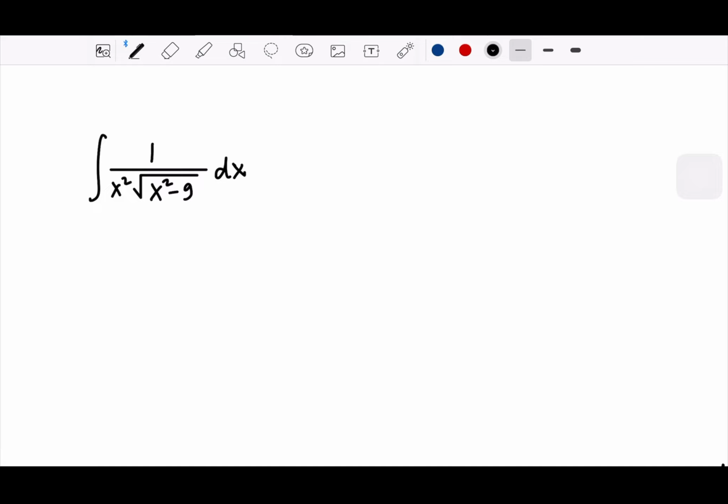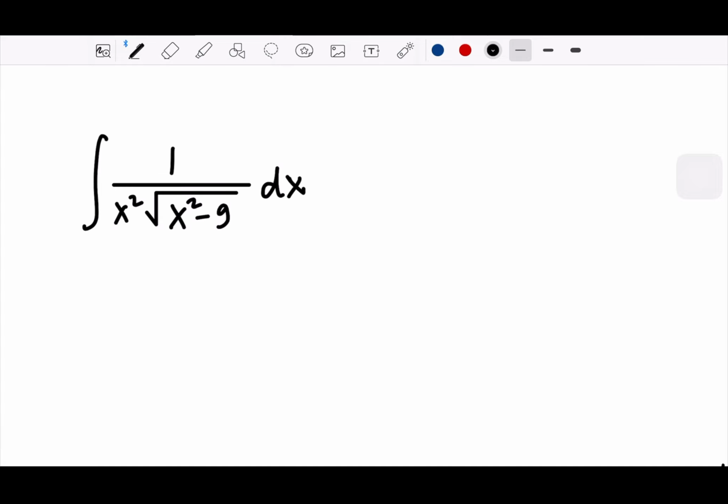Okay. So we have an integral of a fraction that is 1 over x squared, and we have a square root of x squared minus 9. Not sure if you can substitute.